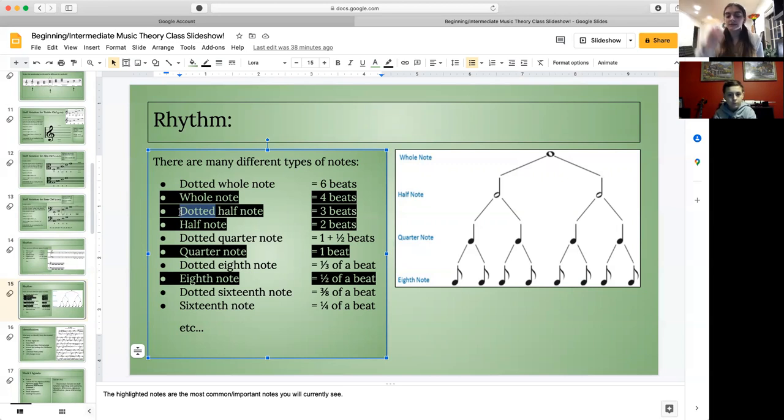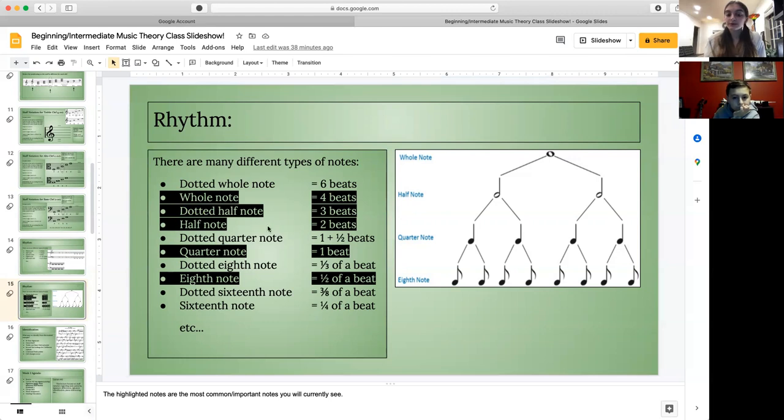So whenever I add a dot, it's going to be half of 2 beats, because 2 beats is already given. Sorry, the wording gets a little lost. So my dot is going to represent 1/4 if you chop down a half note into a quarter, which is why a dotted half note equals 3 beats. 2 plus 1 equaling 3.